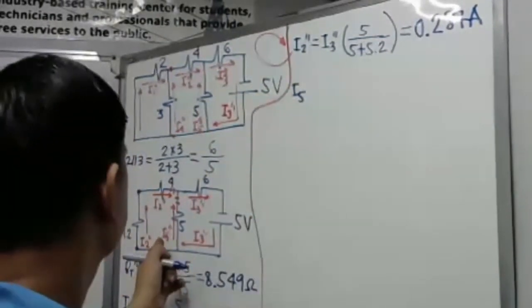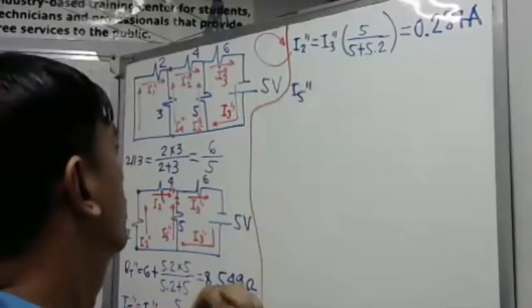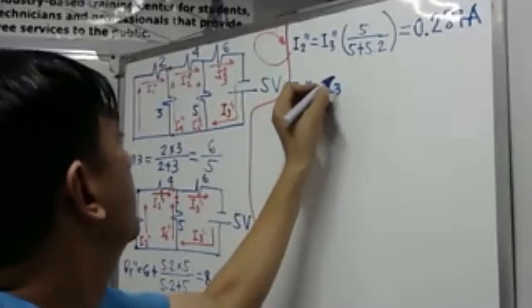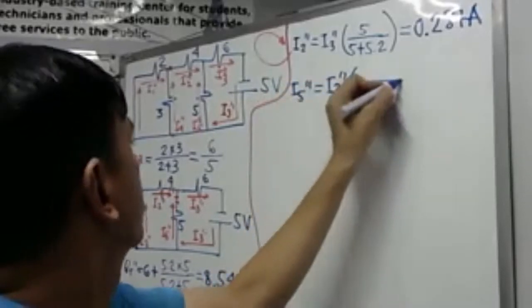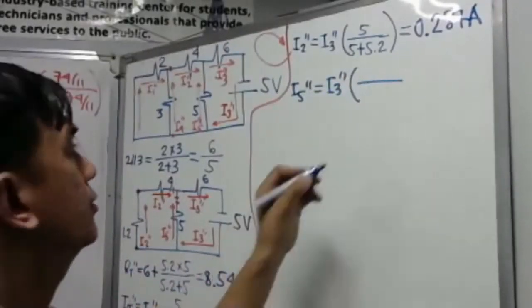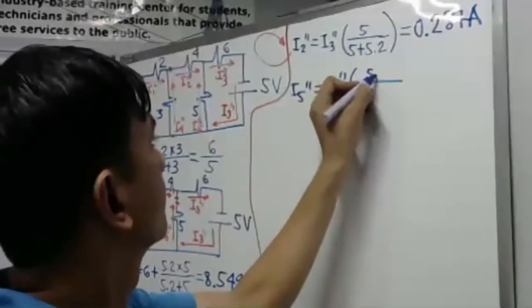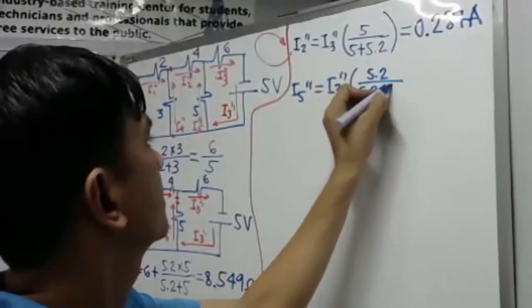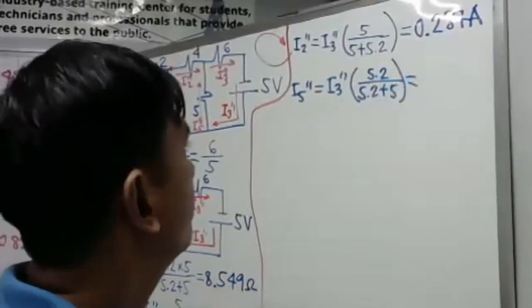What about the I5? I5 double prime. Still, that is our I3 triple prime. Then the opposite is 5.2 over 5.2 plus 5, this is actually 10.2.